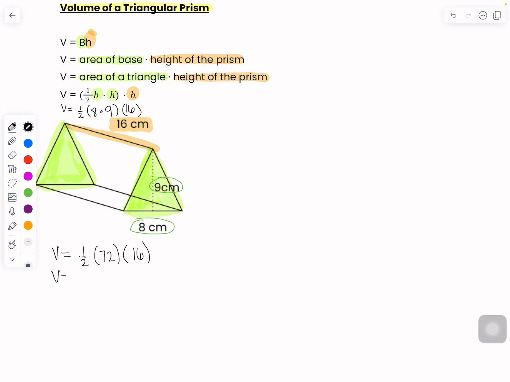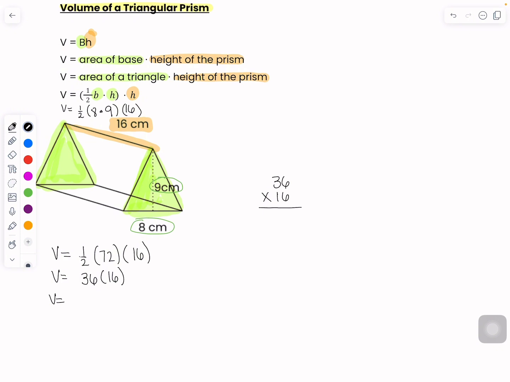We know that half of 72 is 36, and 36 times 16 is our next step. We're going to multiply 36 times 16.